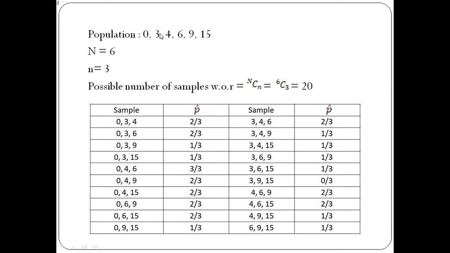After this we will leave this 3 and we will go with 0 4 6, 0 4 9, 0 4 15, and up to so on, and after that 0 9 15, and then we will leave this 0 and start with 3 4 6, then 3 4 9, and up to so on.